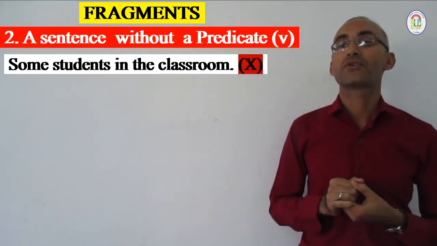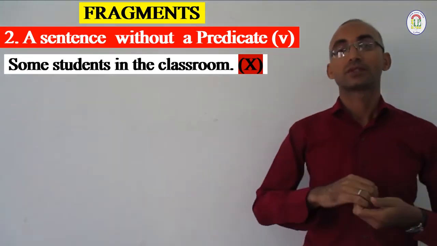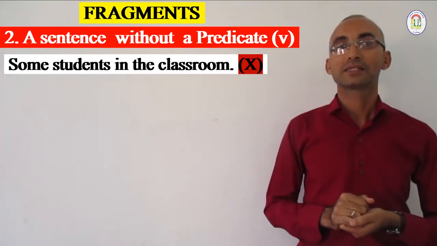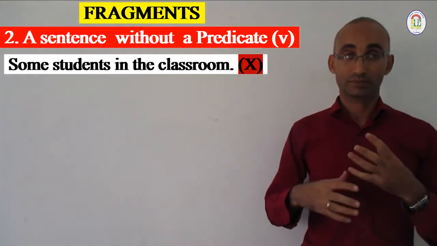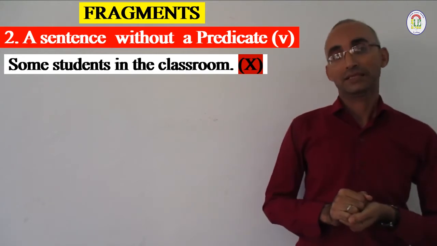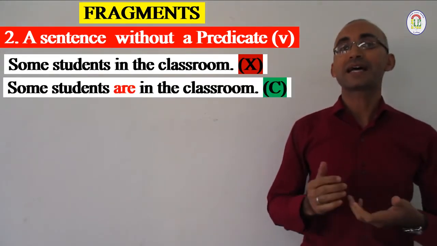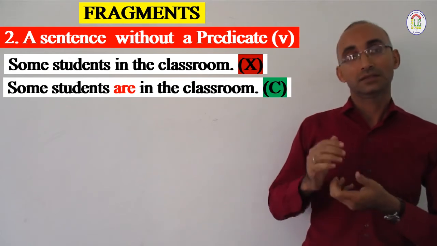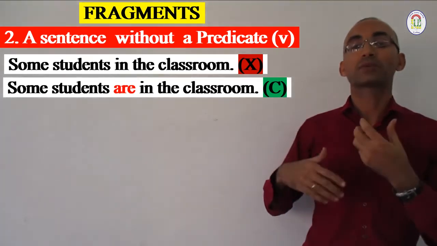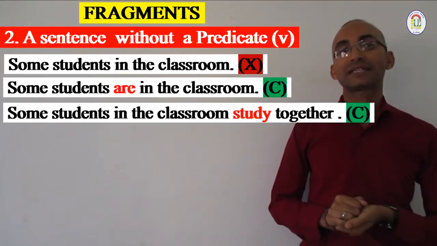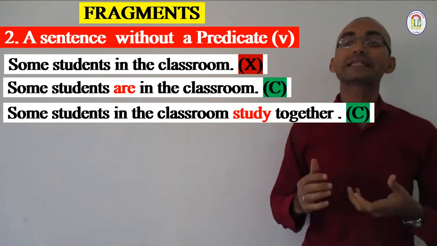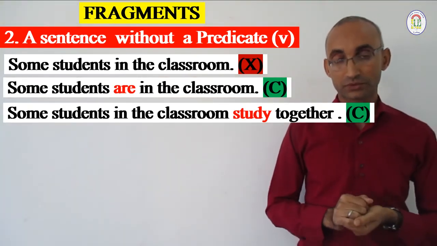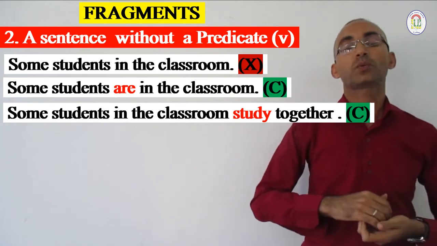So the correct form for this fragment is, here I can add a verb and write "students are in the class," or I can also add a verb and other words. For example, I say "students in the class study together." Clear?